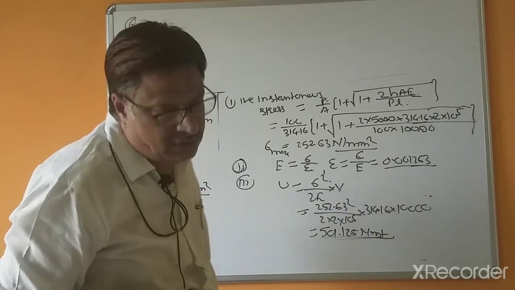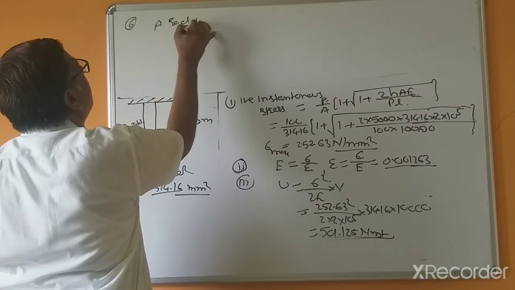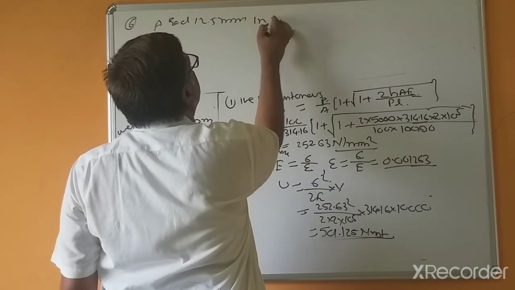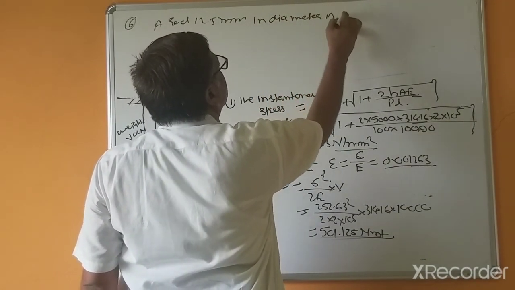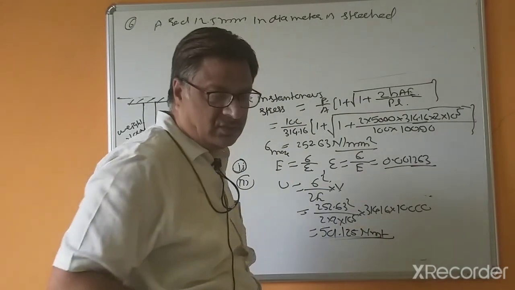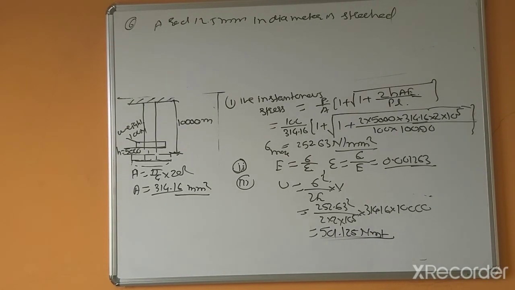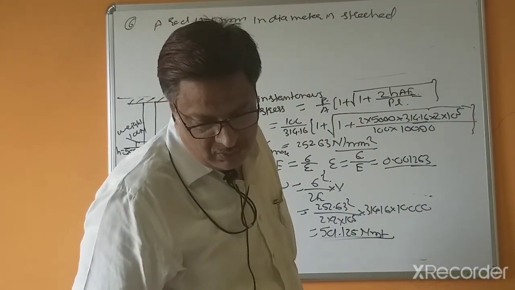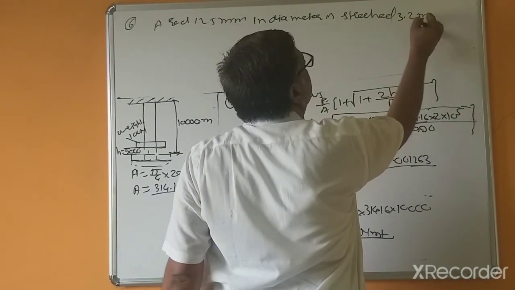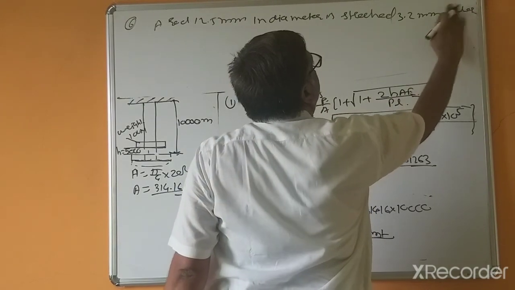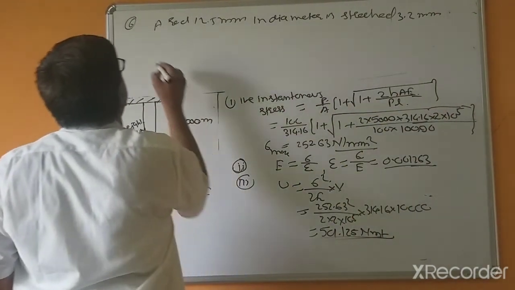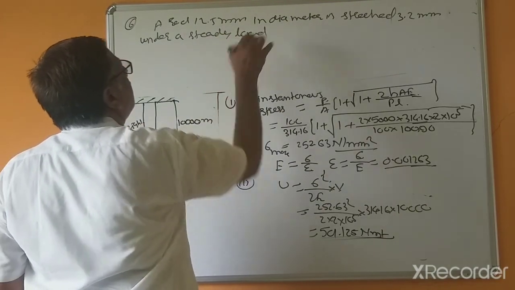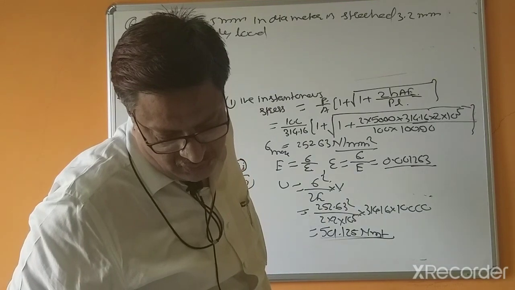A rod 12.5 mm in diameter is stretched 3.2 mm under a steady load of 10 kilonewton.